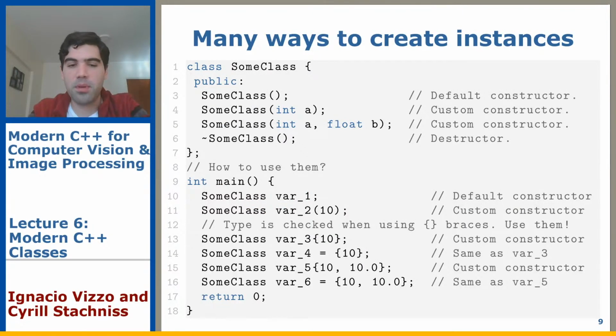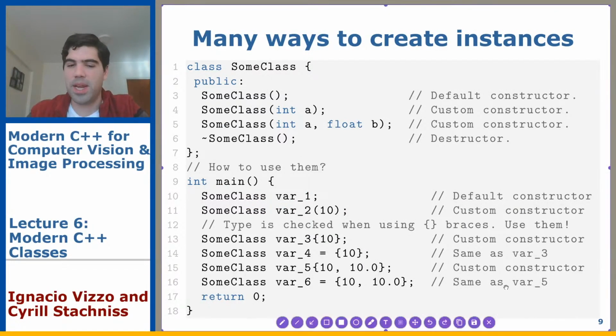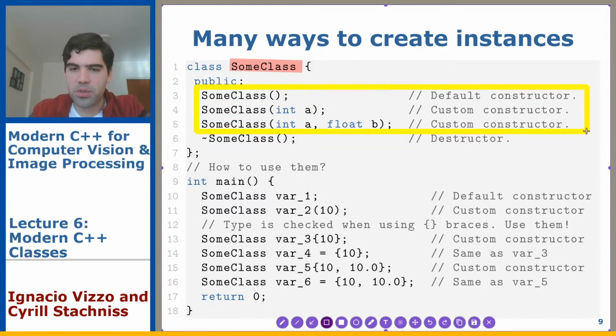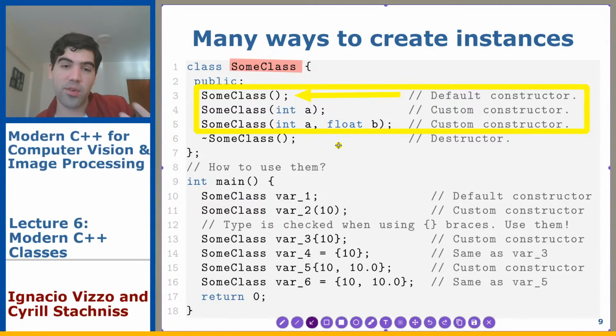So this is, for example, a dummy example where you have this SomeClass, that is the name of the type, and then you have three different constructors, right? The constructor that has no arguments will always be called the default constructor.